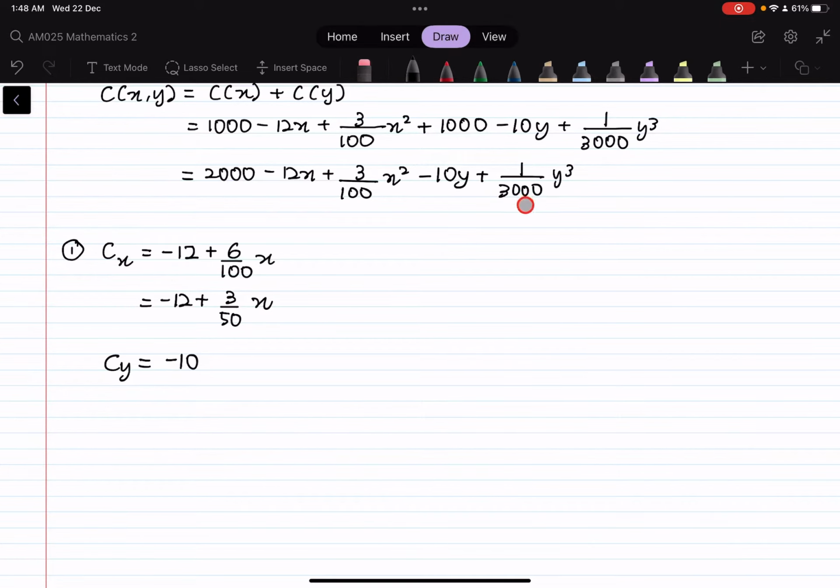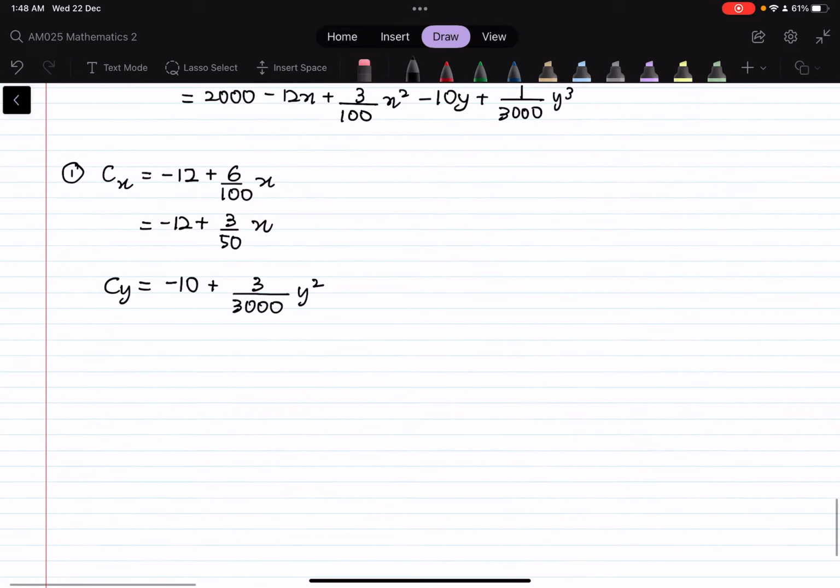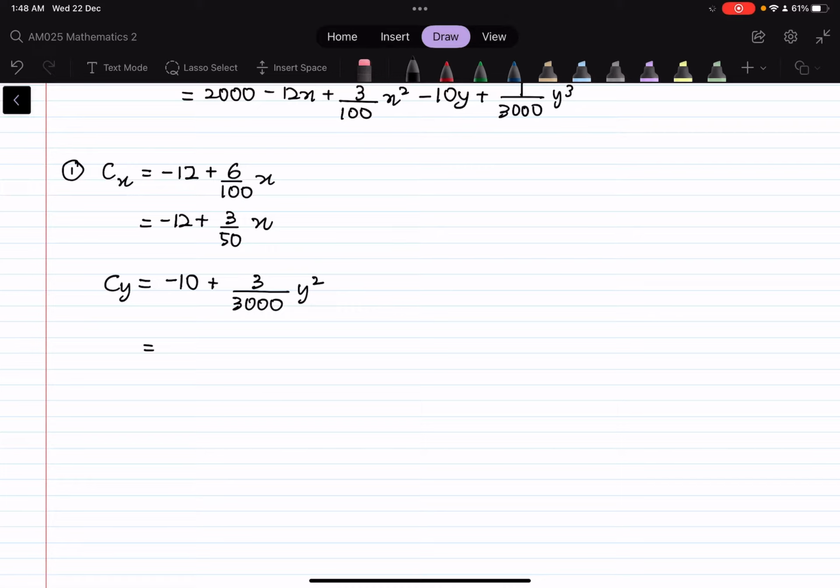Differentiating 1 over 3000 y cubed with respect to y gives 3 over 3000 y squared. If we simplify, we get negative 10 plus 1 over 1000 y squared.